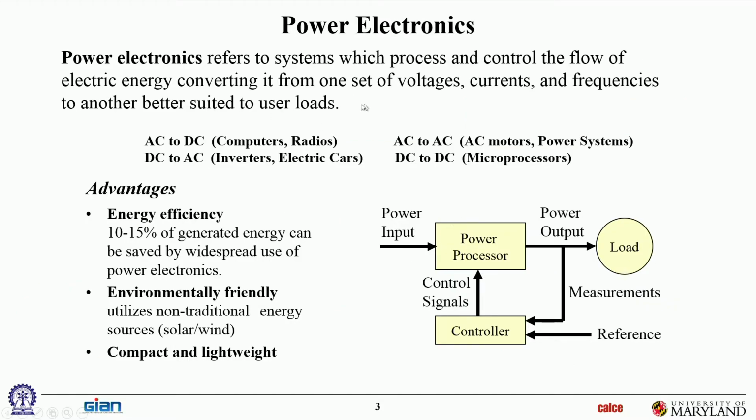The idea is that basically it's conversions. It's to process and control the flow of energy: AC to DC, DC to AC, AC to AC, DC to DC. So anytime you're processing your power inputs, and obviously you have a controller that controls that process before supplying it to the load, any electronics required to do that is what we term power electronics.